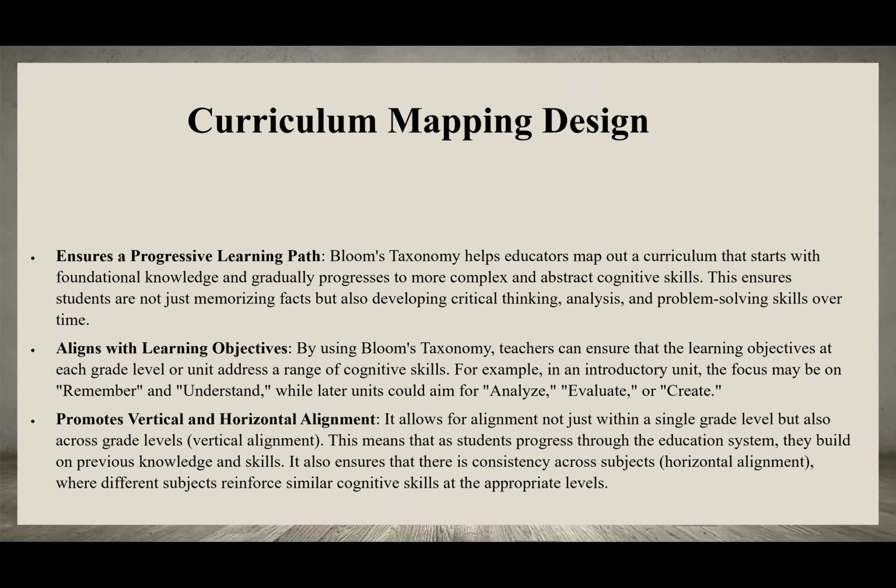By using Bloom's taxonomy, teachers can ensure that the learning objectives at each grade level or unit address a range of cognitive skills. Also, Bloom's taxonomy allows for alignment not just within a single grade level, but also across grade levels.